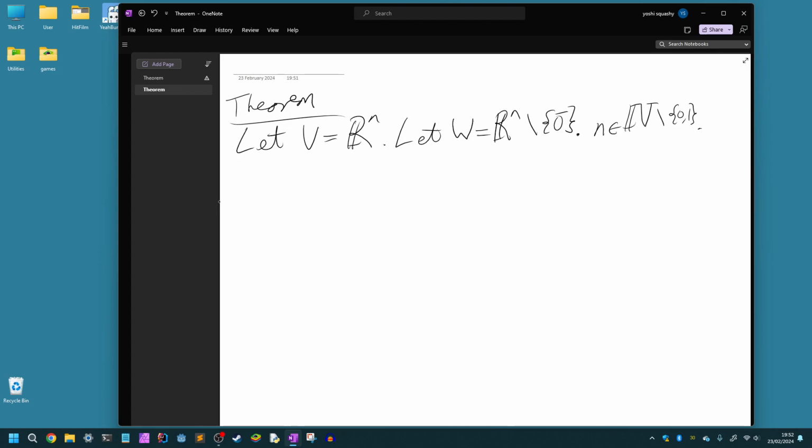And then we're going to let pi, which is going to be our n-1 dimensional hyperplane, be the set of vectors v of V such that v dot n equals d, with n being of the set W, because normal vectors can't be the zero vector, and d being of the set of reals.